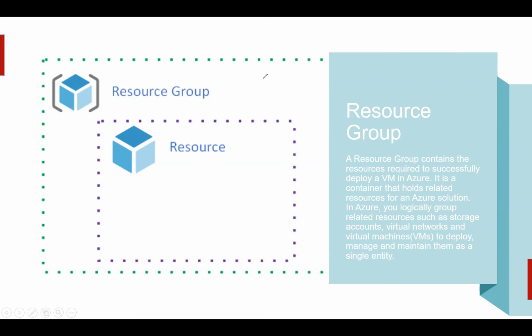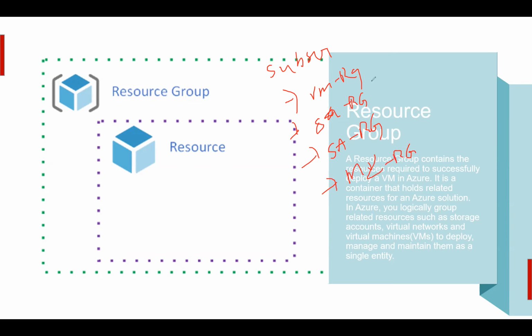For example, this is my subscription. Under this subscription, I am creating a VM RG, a SQL RG, a storage account RG, and an MI RG, a managed instance RG.